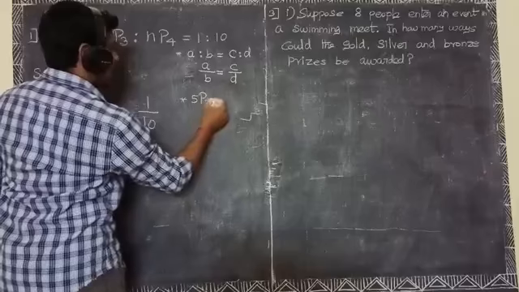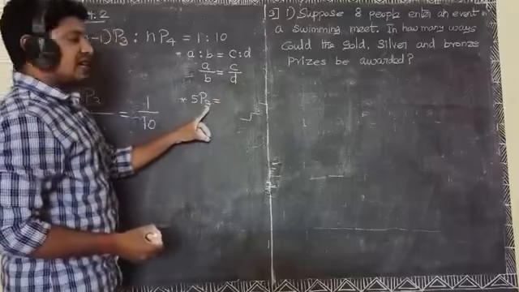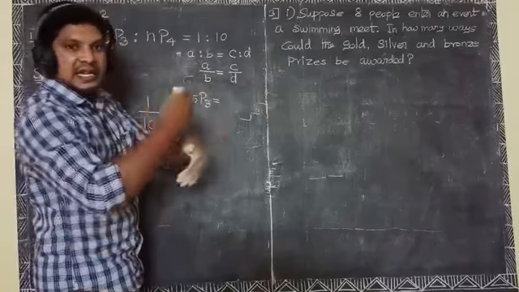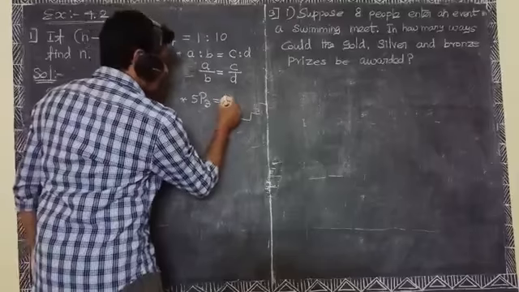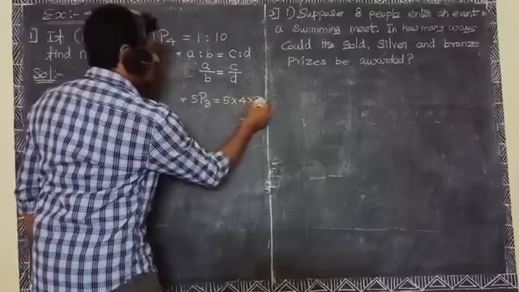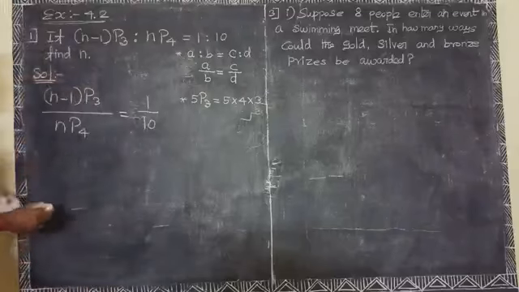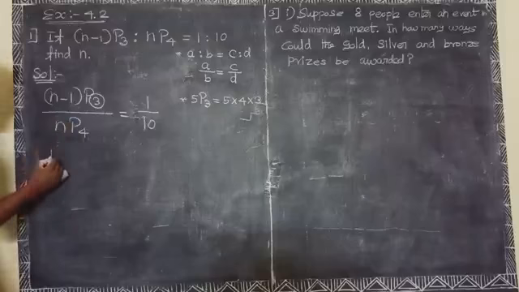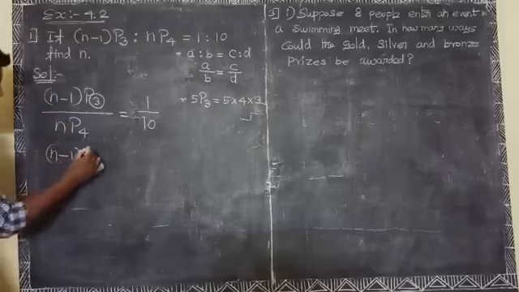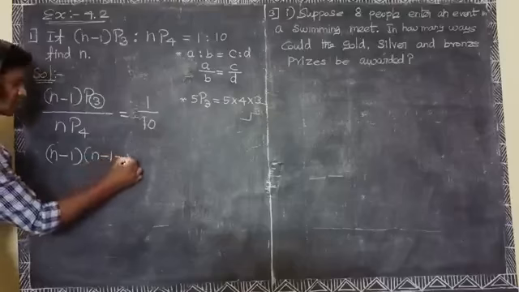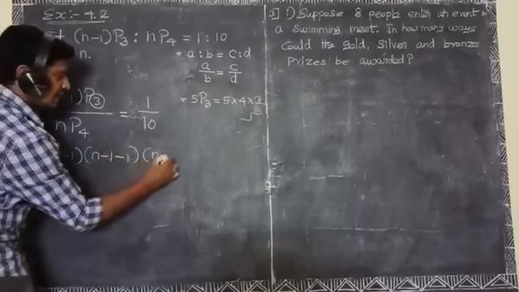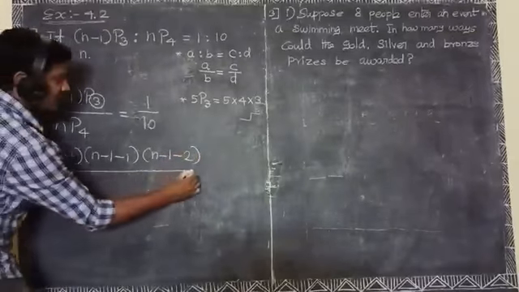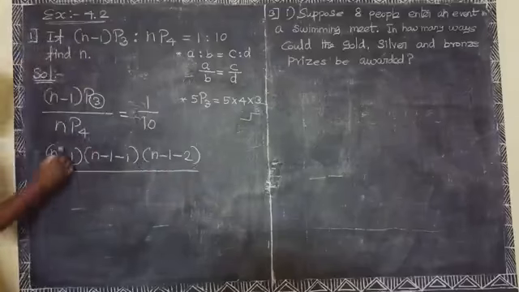5P3 means we take only 3 objects in descending order, that is 5 into 4 into 3. Similarly, we take only 3 objects at a time: (n minus 1) into (n minus 2) into (n minus 3), divided by the denominator nP4.